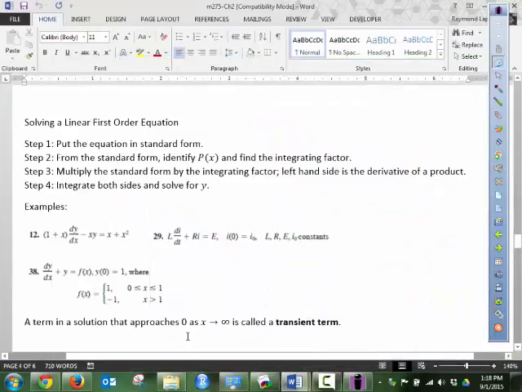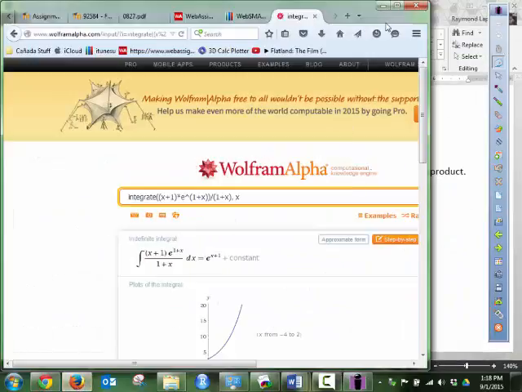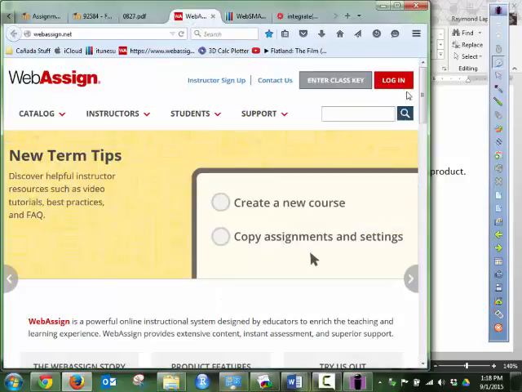All right, you guys want to see a WebAssign? I suppose since I blew that one, we should take a look at a WebAssign problem.